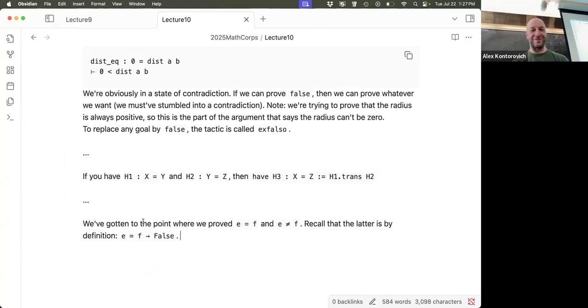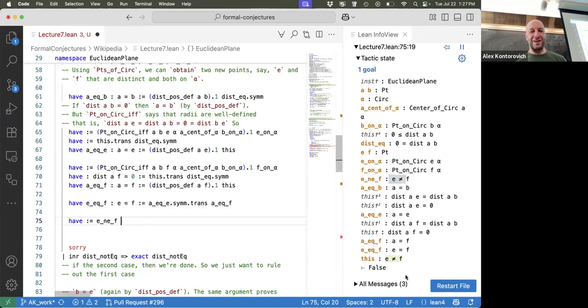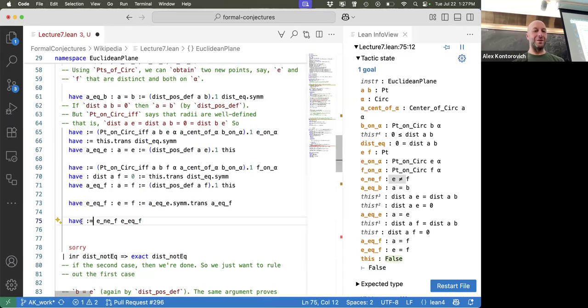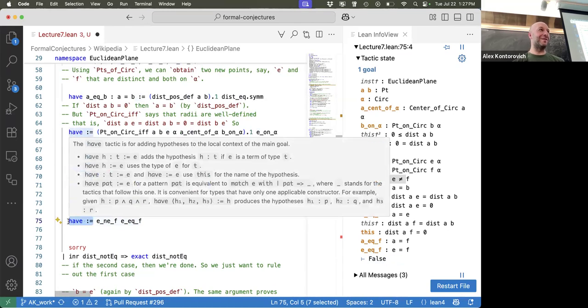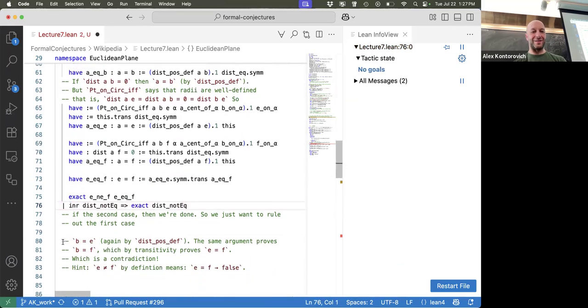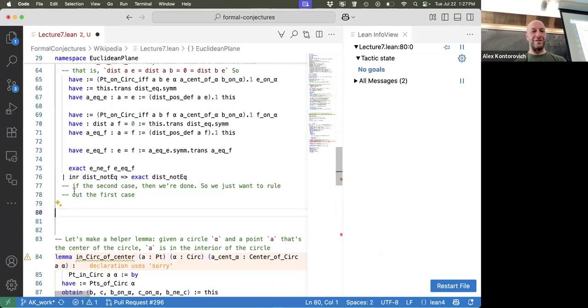But we proved E equals F. So this thing is waiting for a proof of E equals F. If I feed that in, I'll get false. Everybody see that? So if I feed E is equal to F into E is not equal to F, we have proved false. And so this thing is exactly what we need to close our goal. So instead of having it, we can just say exact. And now sorry no longer needs to be there. So let me record, I'll just put all of this stuff here.